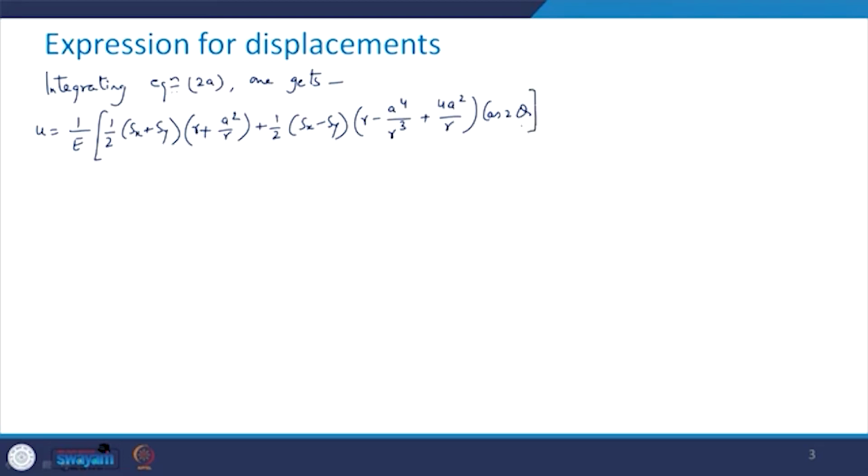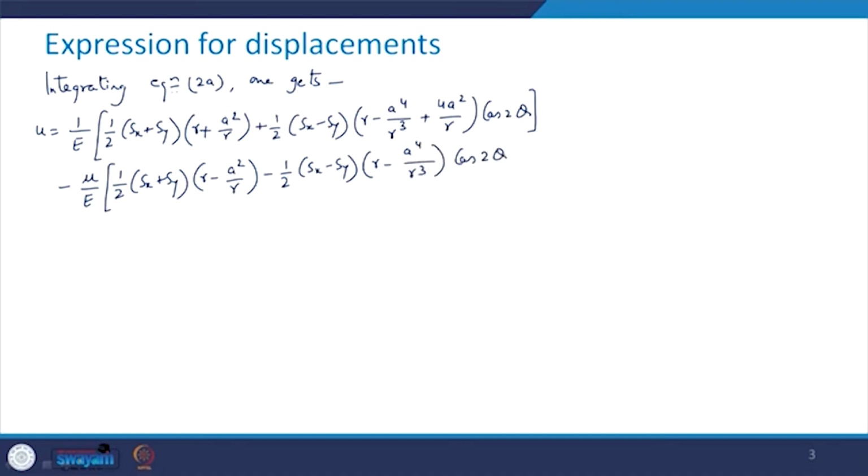So, this will be one term, minus mu upon E into half Sx plus Sy into r minus a square upon r, minus half Sx minus Sy into r minus a to the power 4 upon r cube, into cos of 2 theta, and there is going to be one constant of integration which will only be a function of theta.